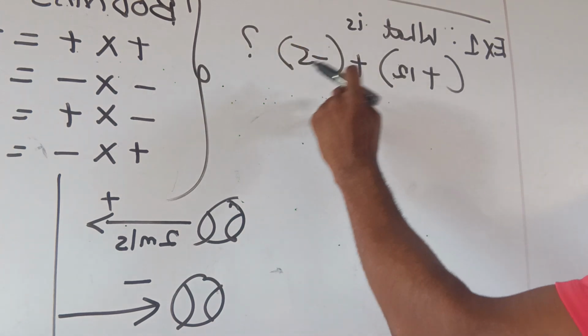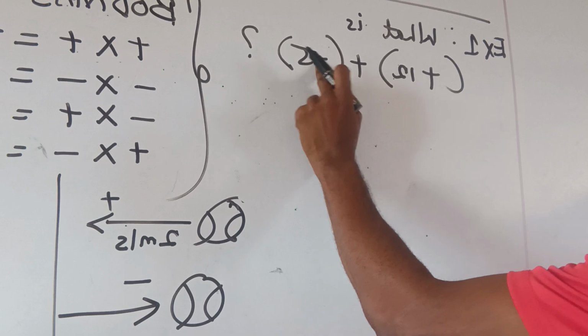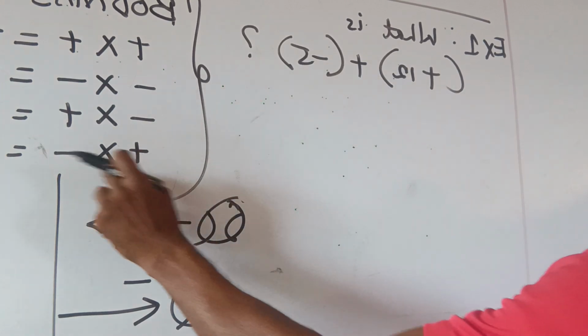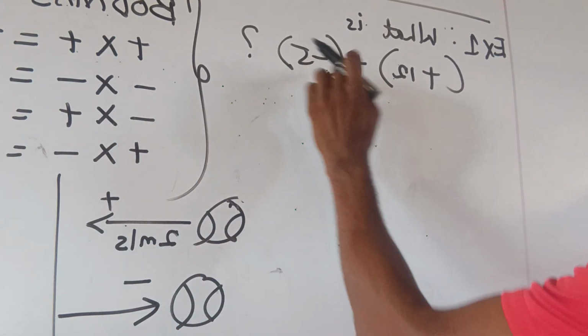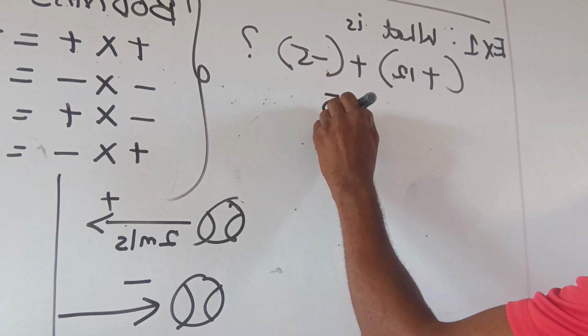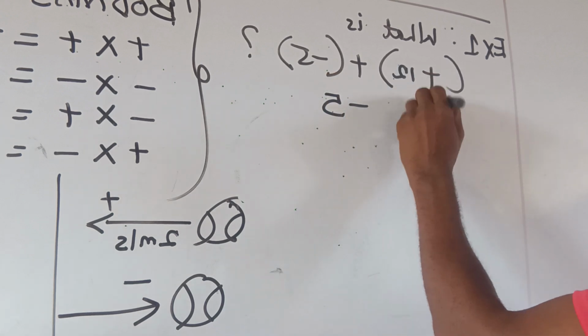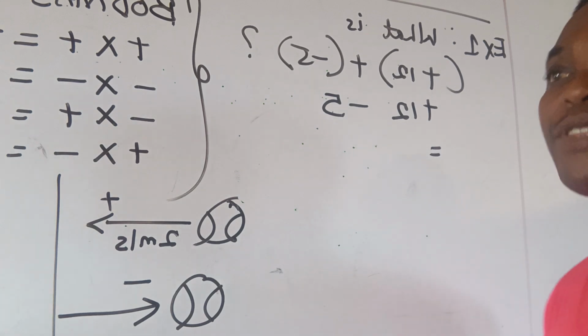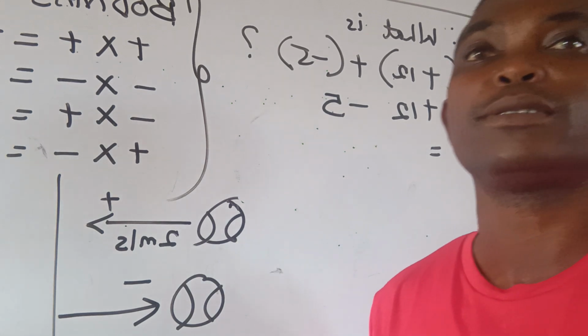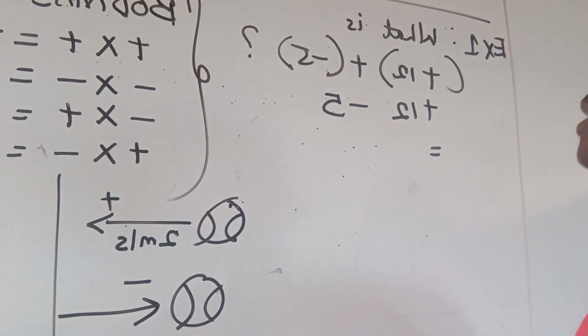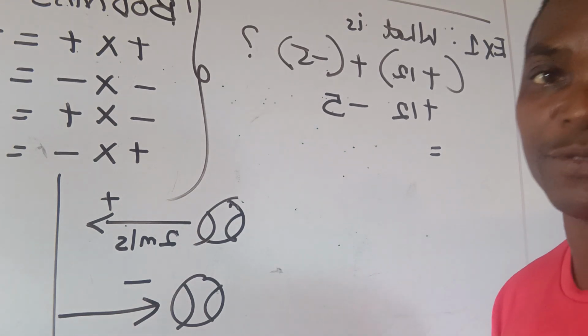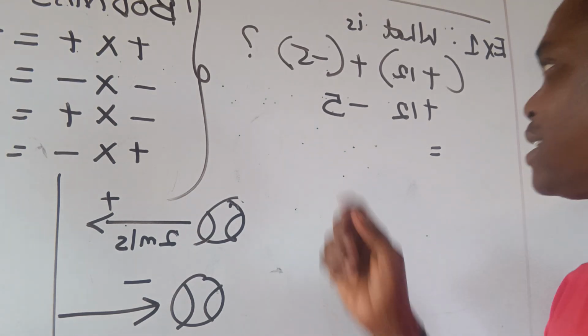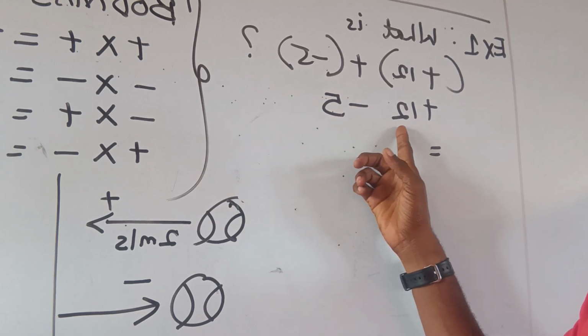This is still going to be plus times minus. We just said it here. Plus times minus is minus. So plus times minus is going to give me minus 5. Then I have plus 12 here. So if I have 12 naira, but I'm owing someone 5 naira, what do you think I'm going to be left with? I haven't paid the 5 naira out of the money I have.